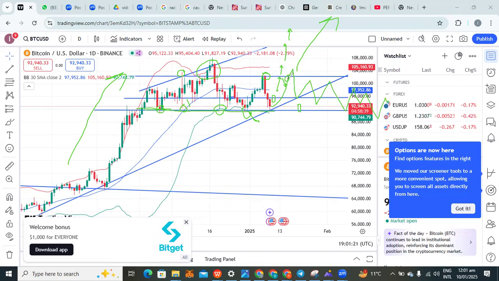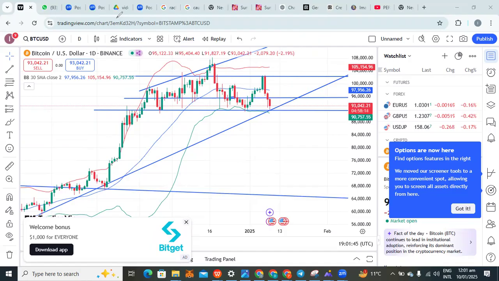If it does not give us a breakout out of this rectangle, it would just keep oscillating between it. That's why these levels are important, and you have to draw them all the time, and not just on the 1 day time frame. Use all the bigger time frames, 4 hours, 1 hour, 1 day, and draw these key support and resistance levels.